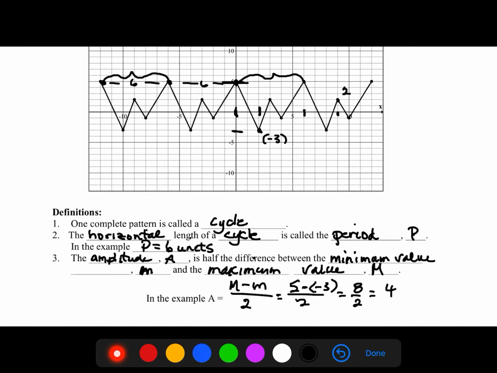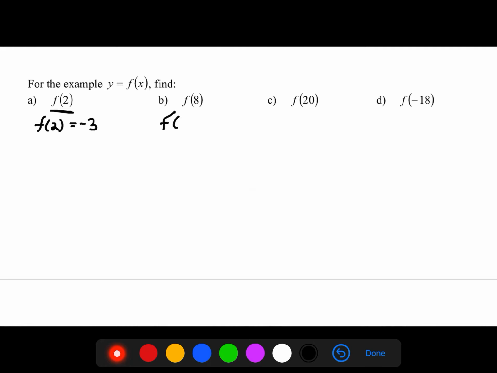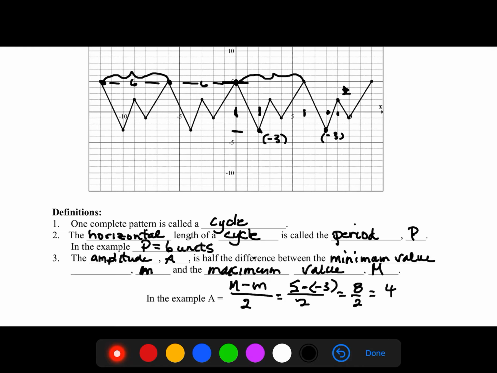For f of 8, again, going back to our graph, where x is 8, our y value here is also -3. So we have a y value of -3 for f of 8 as well. And notice that that makes sense because one full cycle has occurred in between. These are both the starting points for a cycle that we have measured.